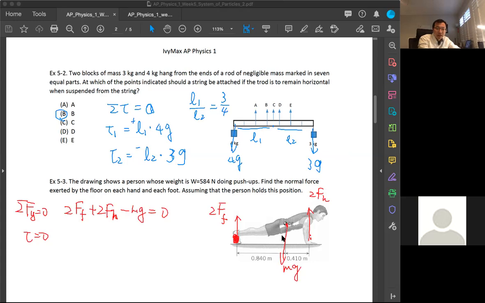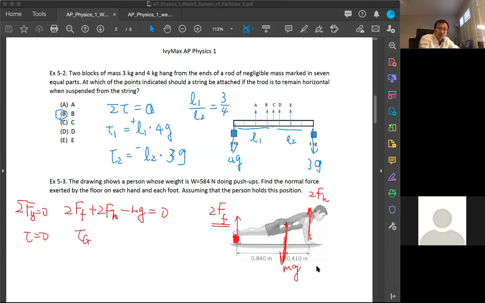In this way, we have an mg, this force going down, and a force going up, right? Then we can calculate one by one. Since this force goes through the axle of rotation, it doesn't generate any torque, so we don't count that.